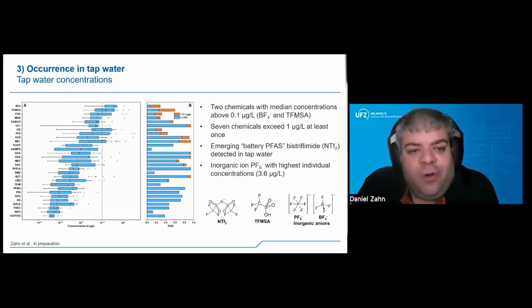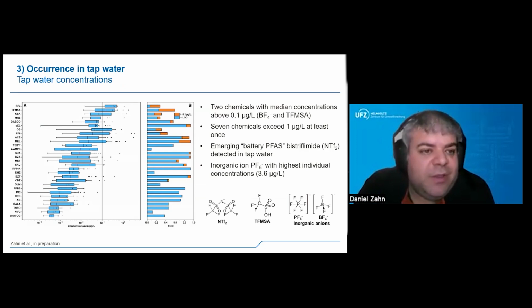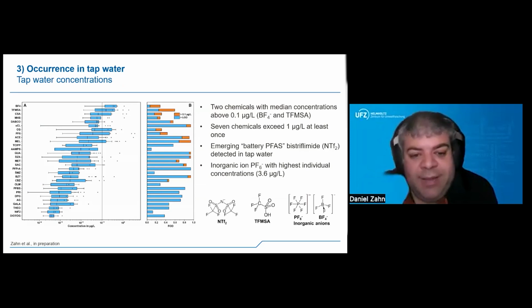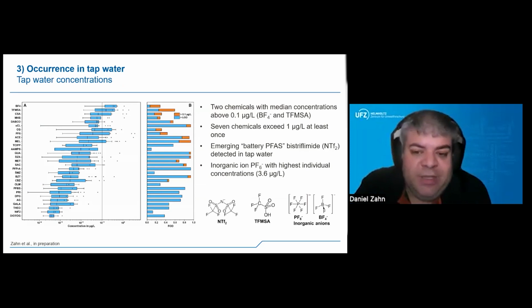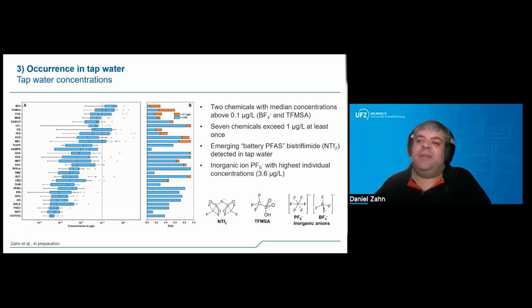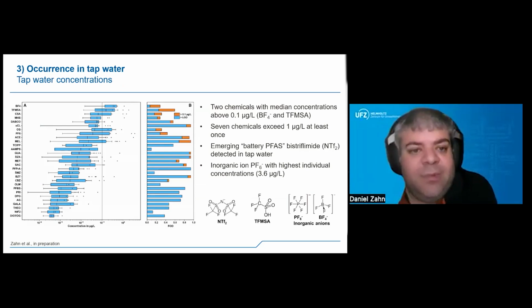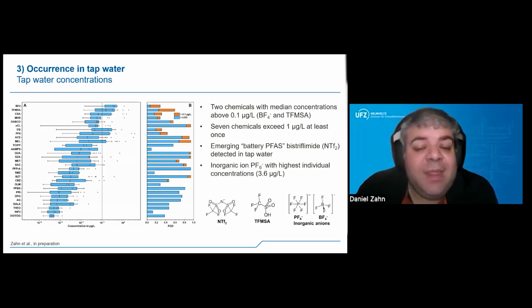Having a look at the raw concentrations and occurrence of these samples, you can see marked with A the concentration in microgram per liter. And this line at 0.1 microgram per liter is what's often used as the risk indicator value for chemicals for which there's not enough toxicological data. And we can do FOD, which stands for frequency of detection.